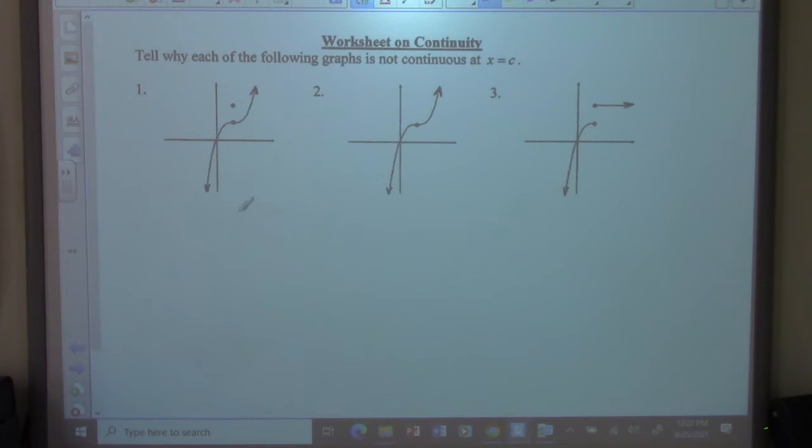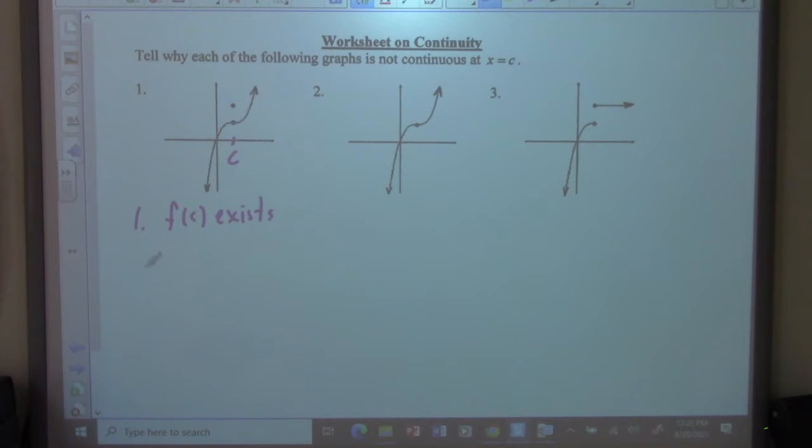So let's figure out how to articulate it in terms of what we had up front. It says that x equals c, so this could be c. Does f of c exist? Yes, just not on the line. So f of c exists.